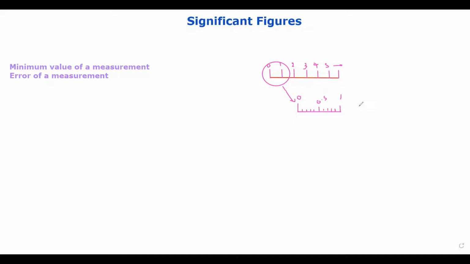There is a scale, and by using that scale, we can measure a particular value up to this minimum value. So what is the minimum value? This part is the minimum value. What's the value of this minimum part?